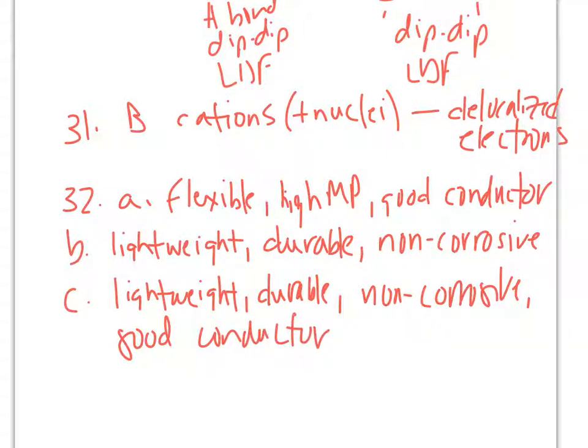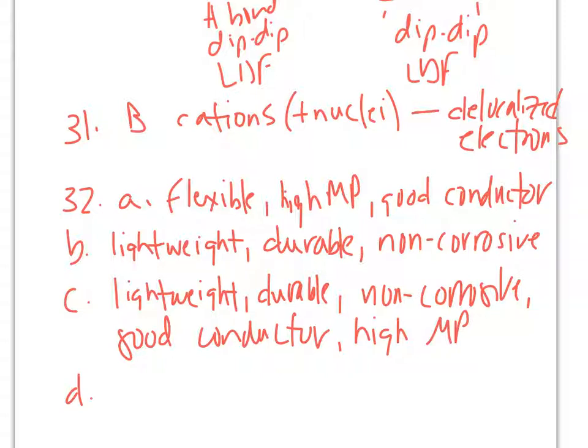High melting point is a bonus. The big knock on aluminum now is that it's been linked with Alzheimer's, and I don't know if that's been proven definitively that there is a link or isn't a link, but they certainly see a correlation that high levels of aluminum have been found in brains of Alzheimer's patients.